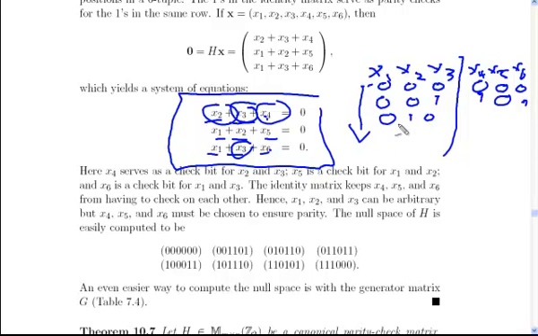The next one, 0, 1, 0, etc. Go all the way down to get all combinations of these 3 digits. And these 3 digits will determine these 3 digits over here. All right, so that's one way to compute the null space. When I finish this, every row in this table will be a solution to the null space of the matrix H.